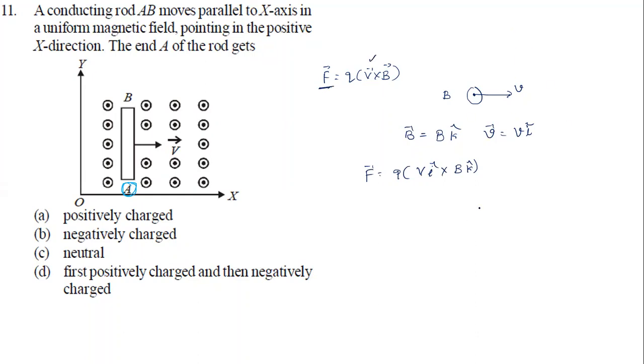If I draw a small diagram of my hand, you need to have it like this direction. So this should be indicating velocity and this should be indicating what now? Magnetic field.